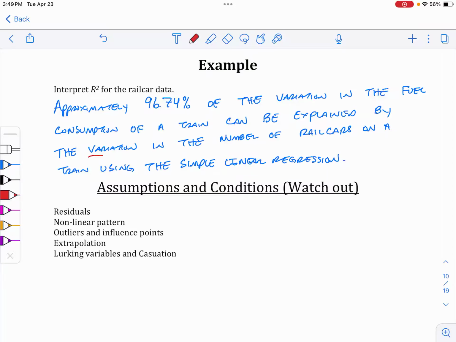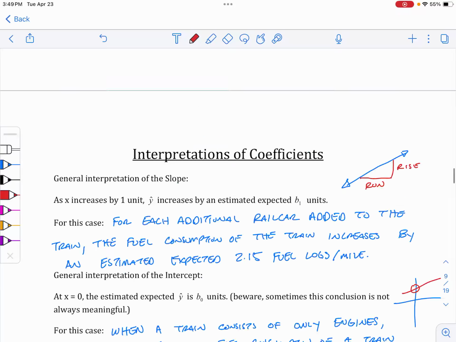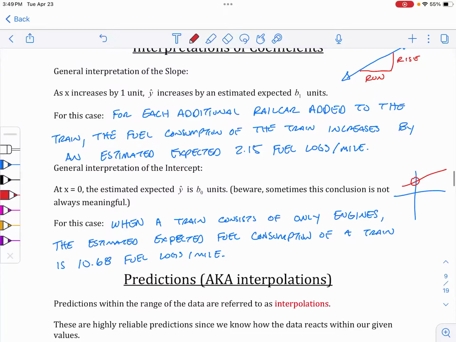Now notice the important word on this one, variation. The important words in our interpretation of slope and intercept are estimated and expected.